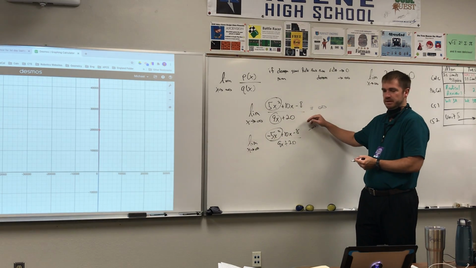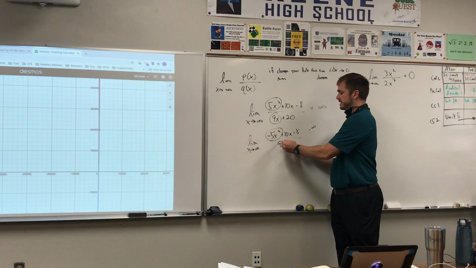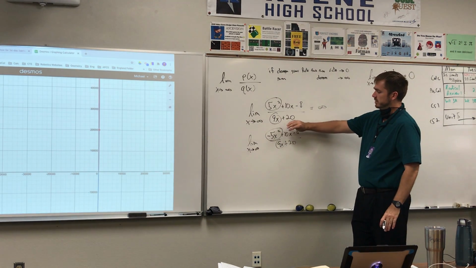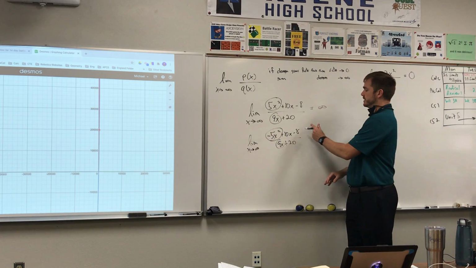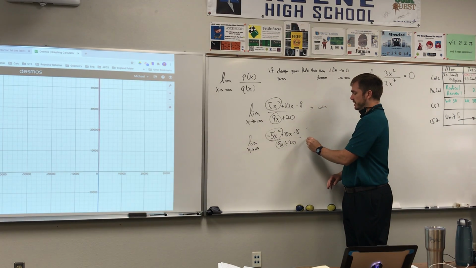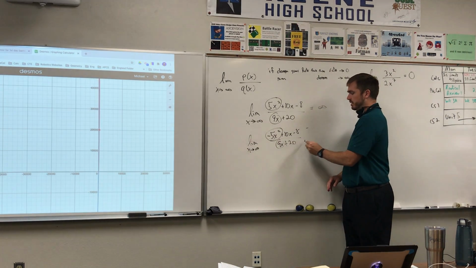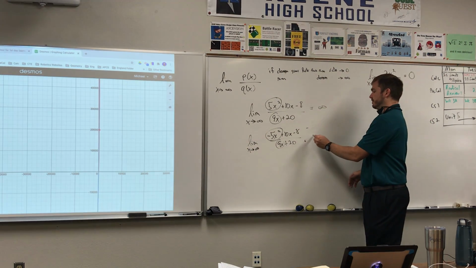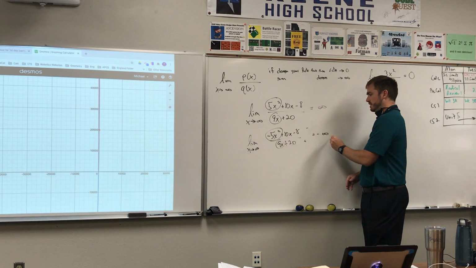You see what I'm saying? Now the denominator, who cares? It's 9x, this one's bigger, okay? So it's a really large negative number over a positive number. So this is actually going to approach negative infinity.